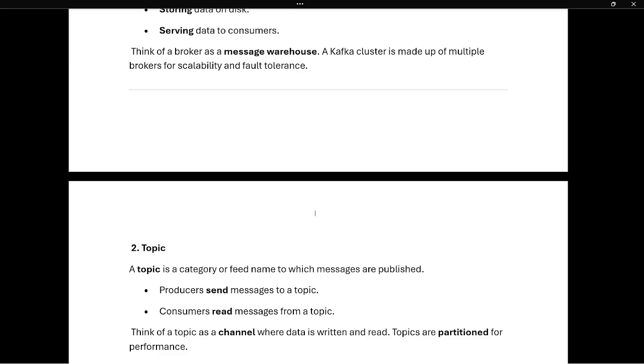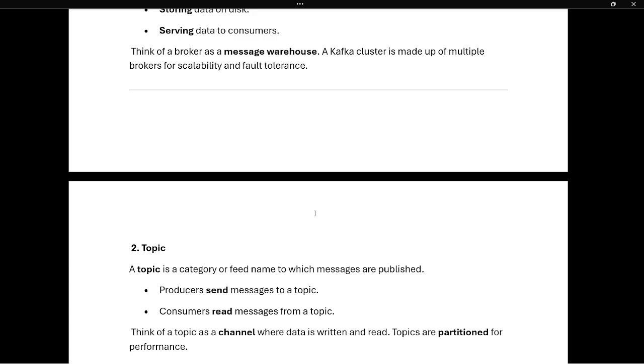Ideally, we should create three topics: one for HR, where HR data is stored, the finance data is stored to the finance topic, and IT data is stored to the IT topic. Subsequently, if a consumer has to consume the data, it will consume from the different domain-wise topics. So a topic is nothing but a category or feed name to which messages are published.